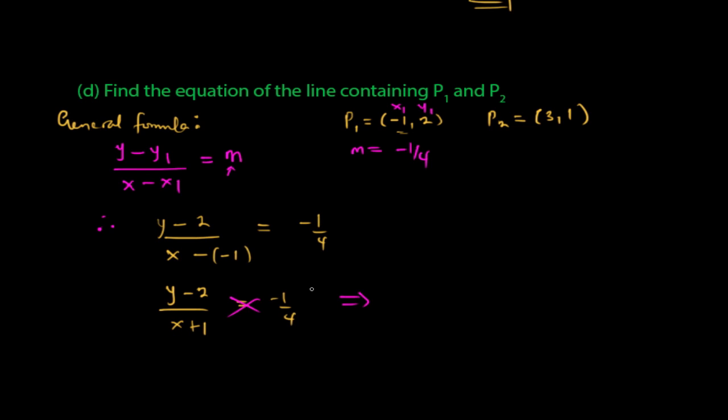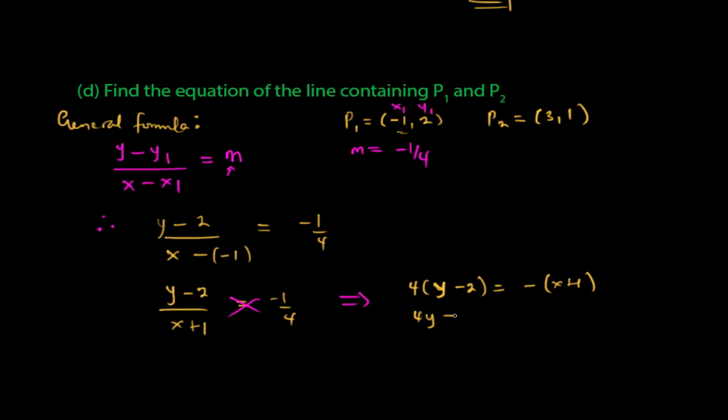So this implies that you have 4 times y minus 2, then equals negative times x plus 1, which gives you negative x minus 1.